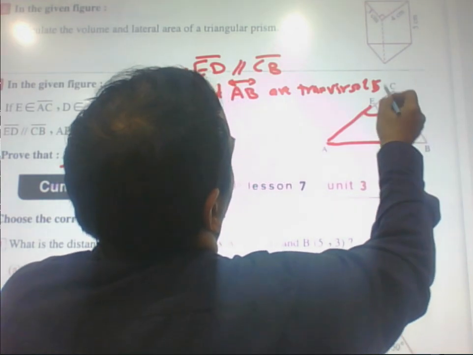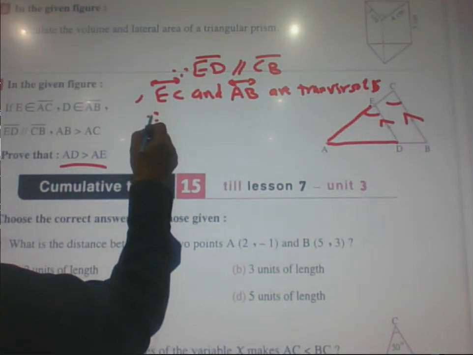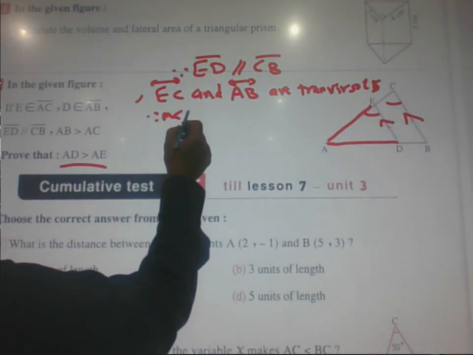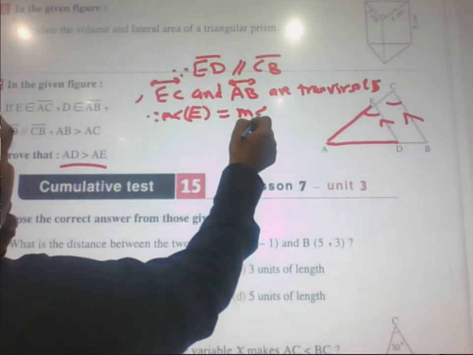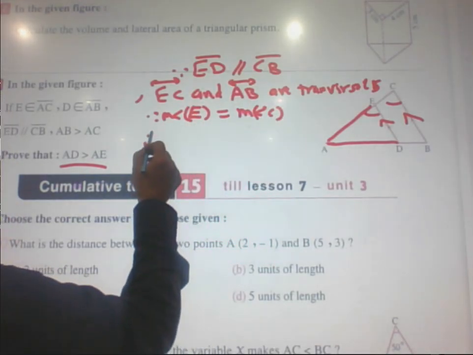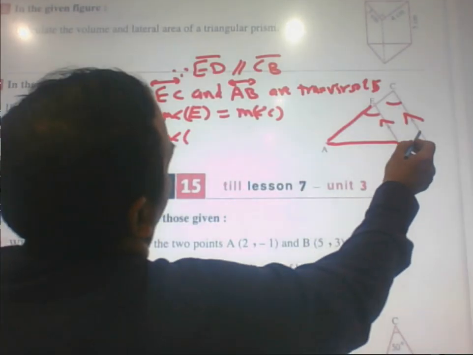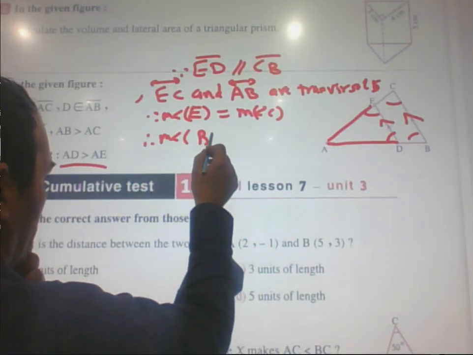The measure of angle E equals the measure of angle C, and also the measure of angle B equals the measure of angle D.